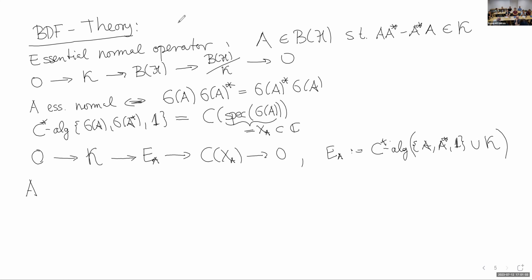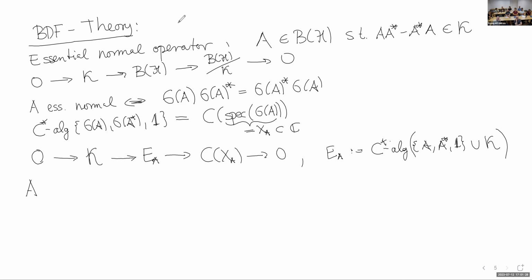This is called weakly unitarily equivalent. But we have a nice situation where strongly and weakly unitarily equivalent are the same. It gives the same groups, the same equivalence relation, because the quotient C(X) is commutative.